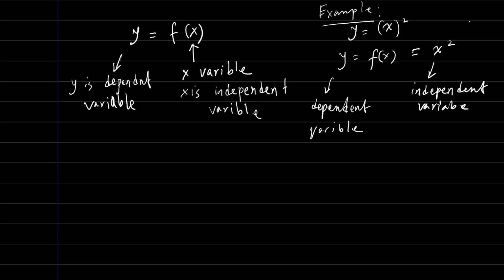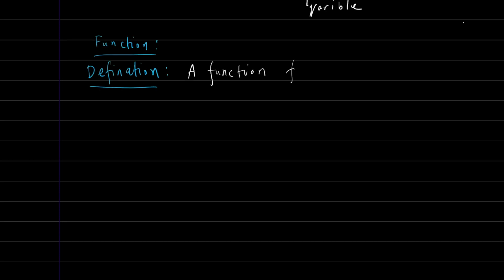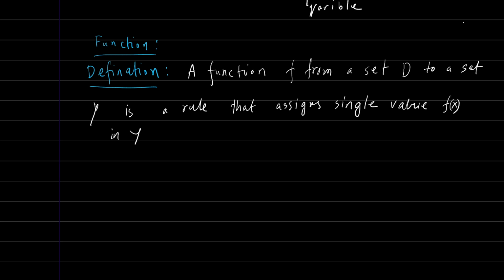So what's the formal definition of a function? A function f from a set D to a set Y is a rule that assigns a single value f of x in Y to each x in D.